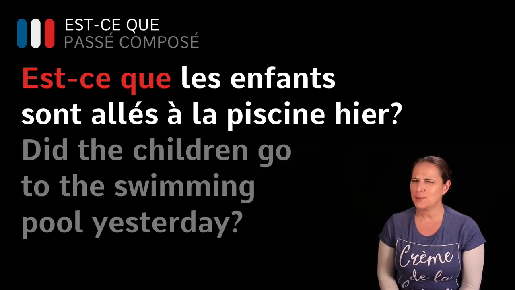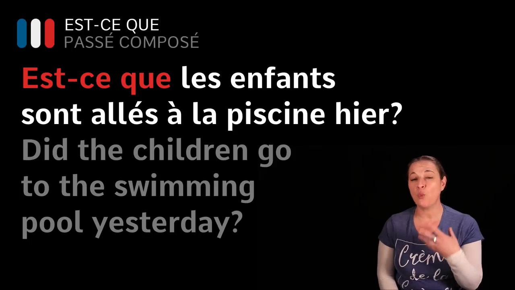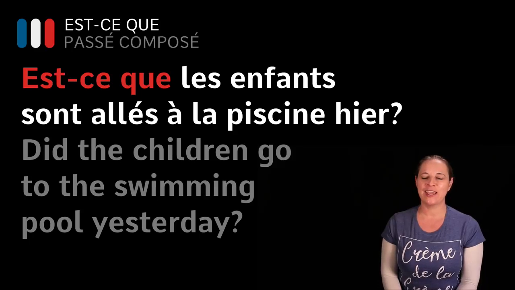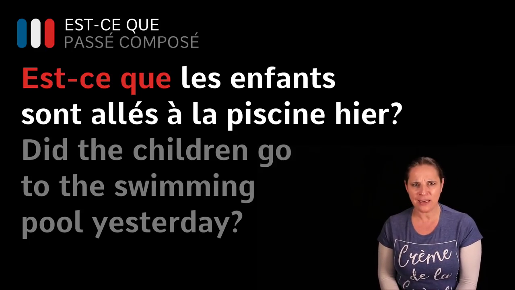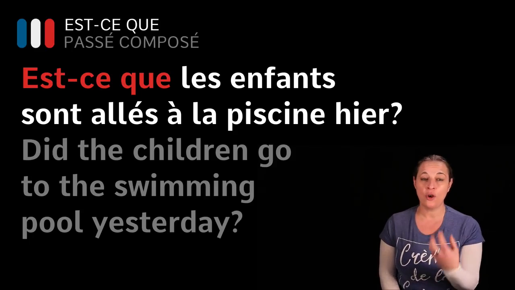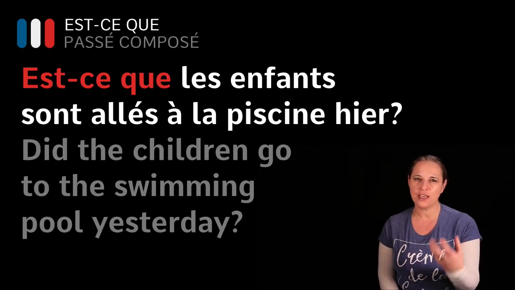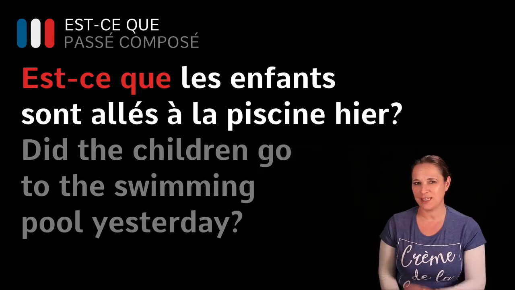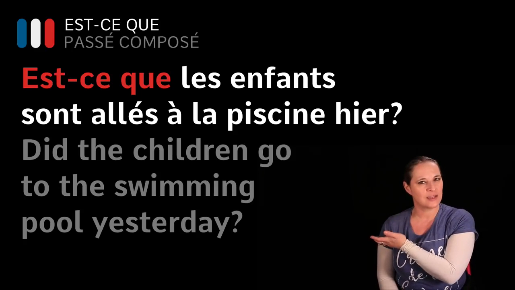Okay? So this one is really tricky and I can see why, okay? And I understand your pain, okay? But get over the pain. Okay, just learn. Learn how to conjugate a verb in the past tense in French and you will understand how to put these sentences, questions, together.